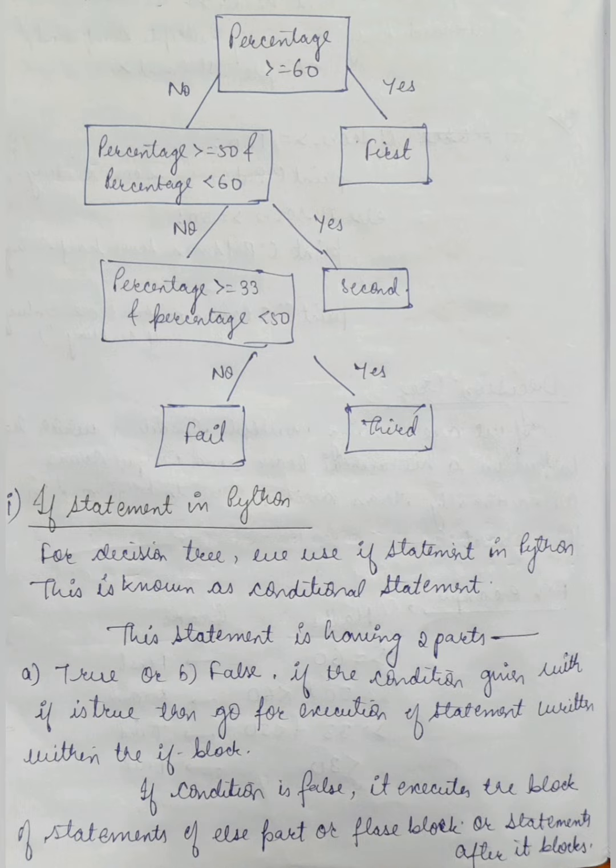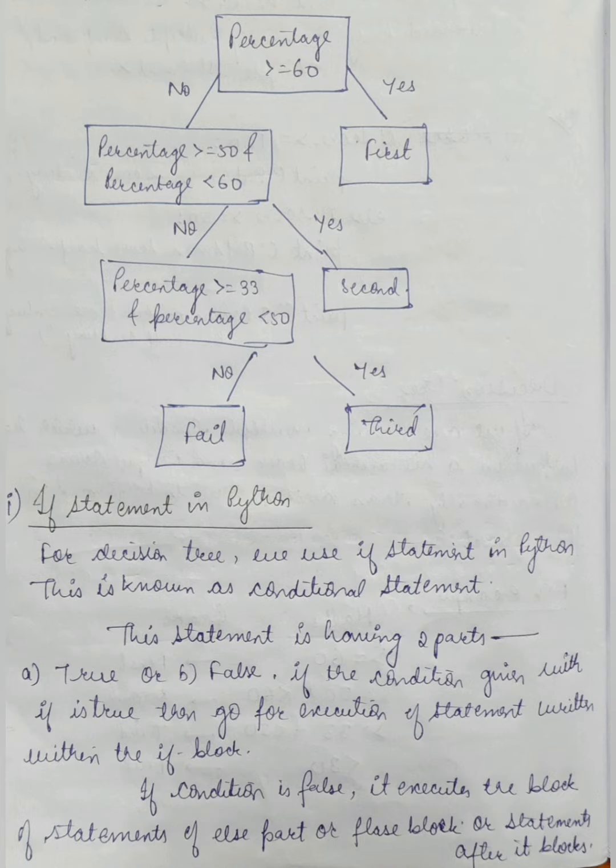Or if this is not satisfied, then percentage greater than or equal to 33 and percentage less than 50. And if again this condition gets satisfied, it will print third, and if it is not satisfied, then there are no more conditions, it results false. So in this way we make a decision tree.